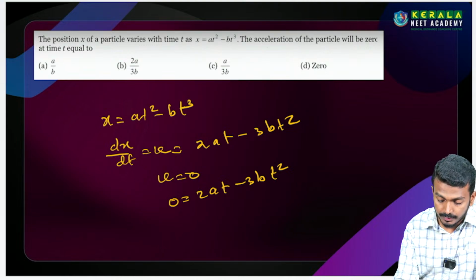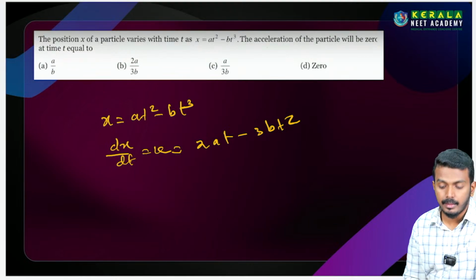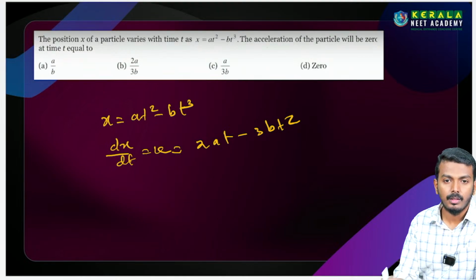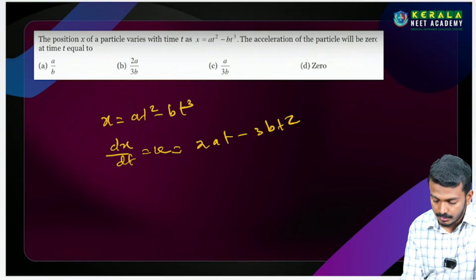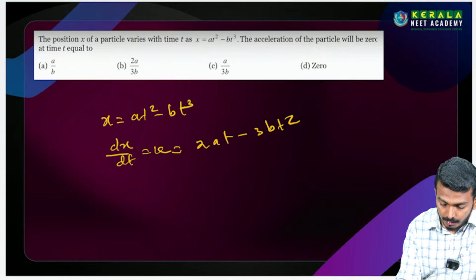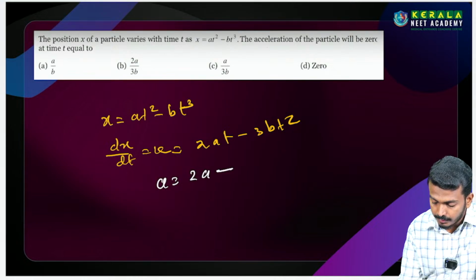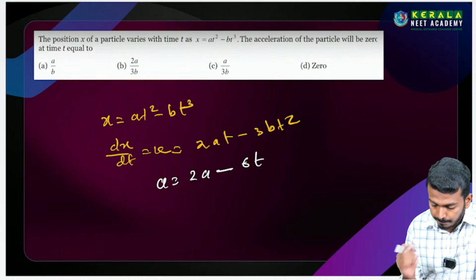Then we have to find what? Actually, the velocity equation: velocity is not 0. What is 0? Acceleration is 0. Means how to find acceleration? Again we have to differentiate. What is acceleration? 2a minus 6bt.